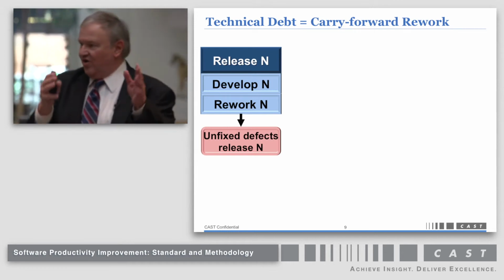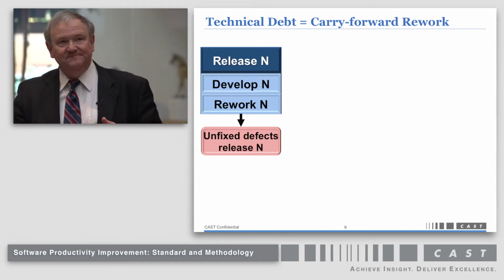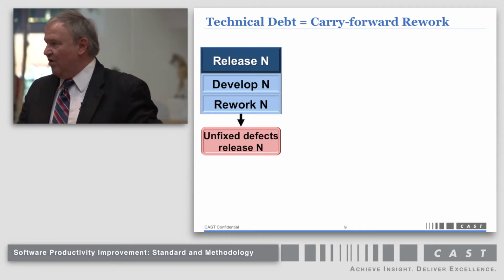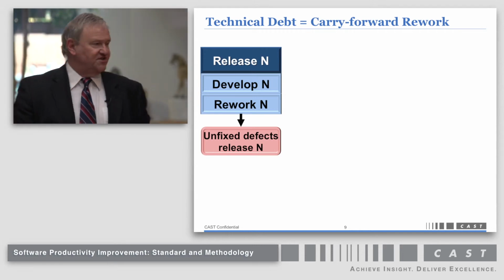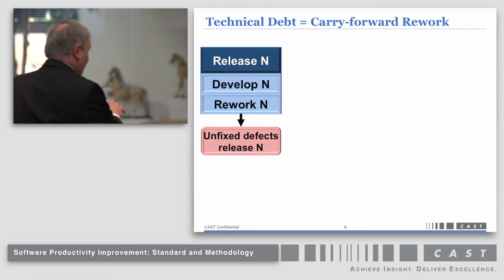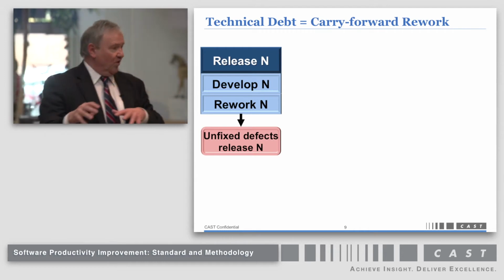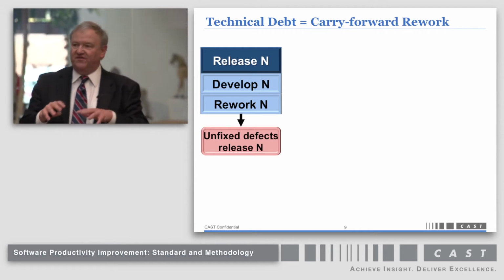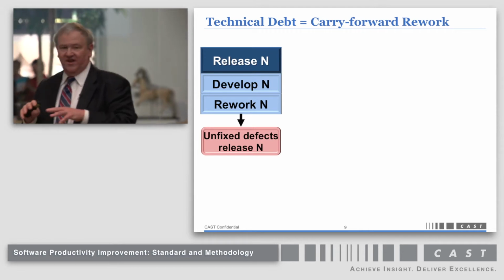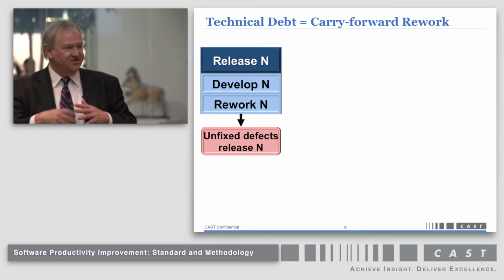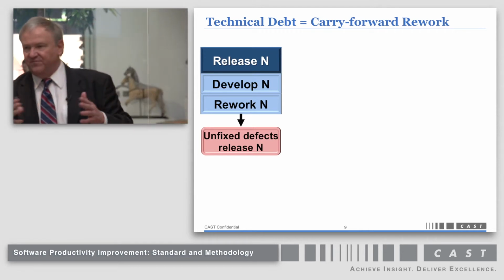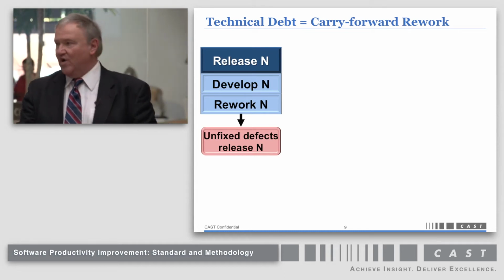So let's look at how this works. I've got the current release, let's say release N. I do my development work. I make some mistakes, so I've got to go back and fix them during this release, and that's rework. In a low maturity environment, 40% of all the effort is rework, and that's been a fairly consistent number. It varies between 30 and 50%. But 40% is waste, right?